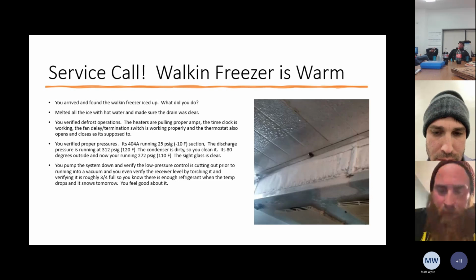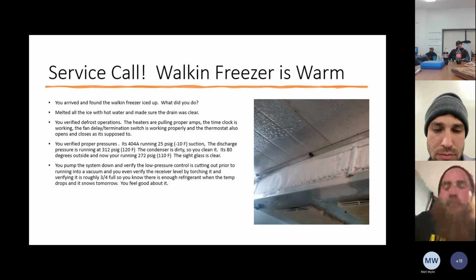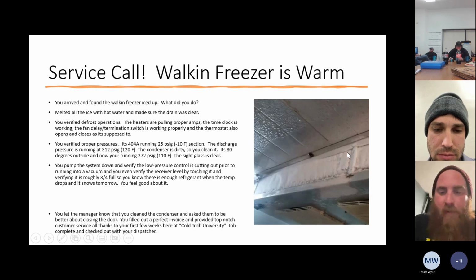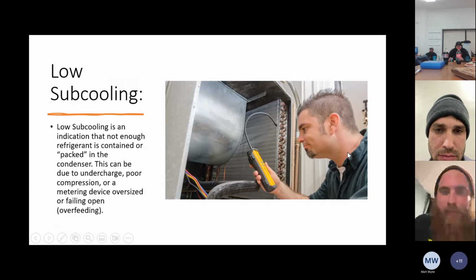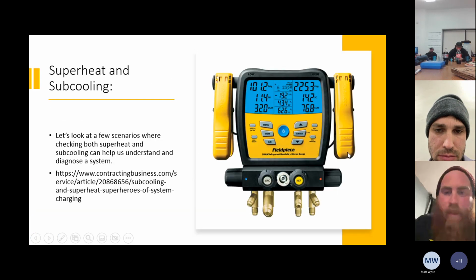Okay, Wyatt, what is low superheat, low subcooling? I guess a symptom of... Well, you would have your compressor flood because that would be an oversurge of refrigerant.